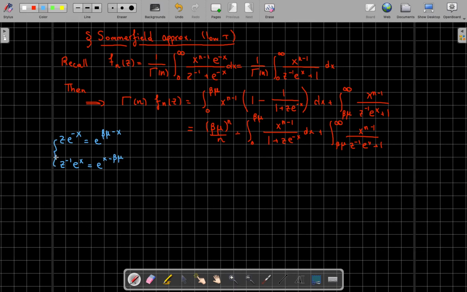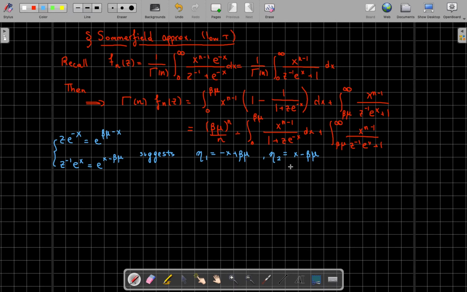So because we have these two different exponentials, this suggests that we use a change of variables. So eta 1 is equal to minus x plus beta mu. So this is the first exponential. And then the second one, eta 2, is just the second exponential, so x minus beta mu.